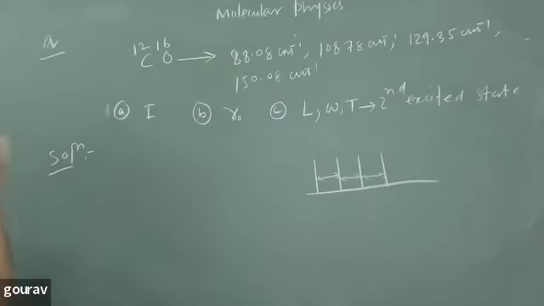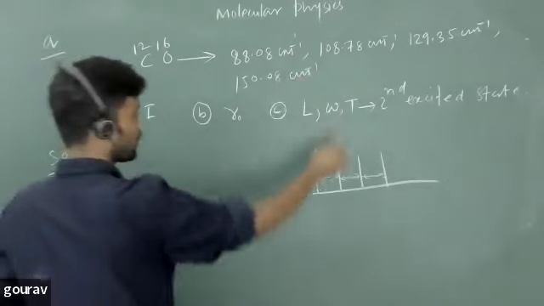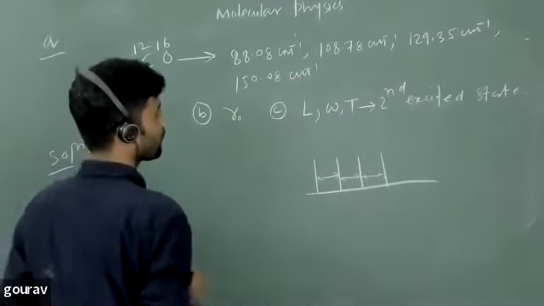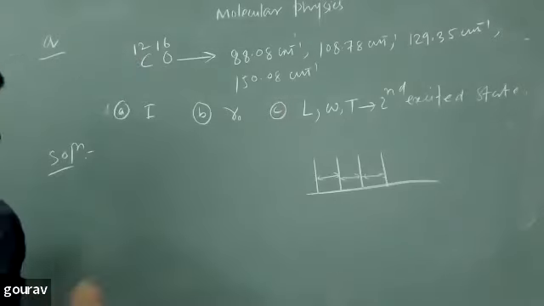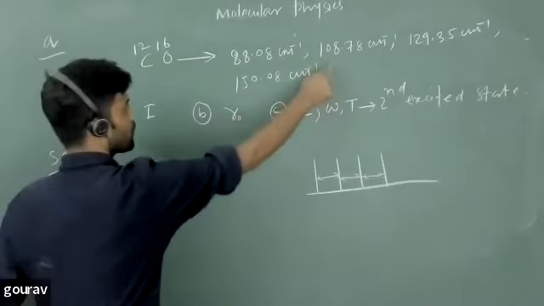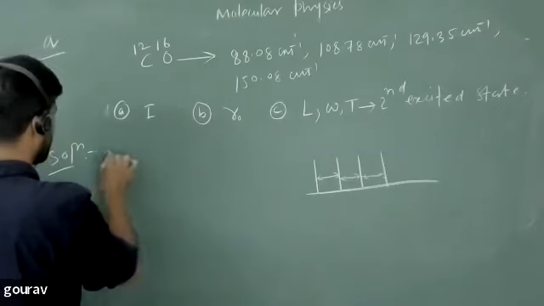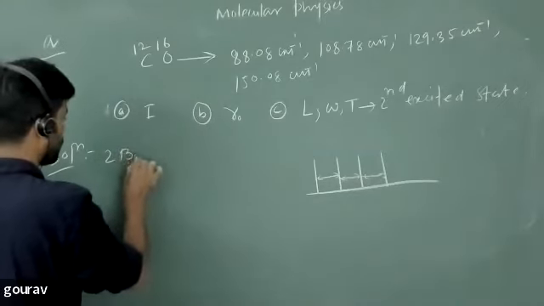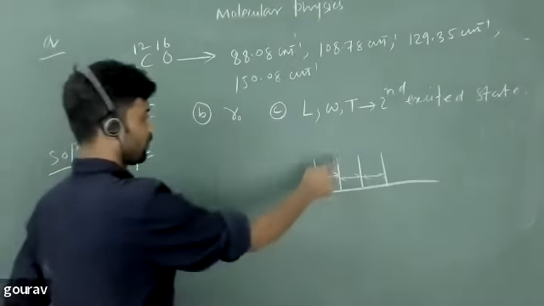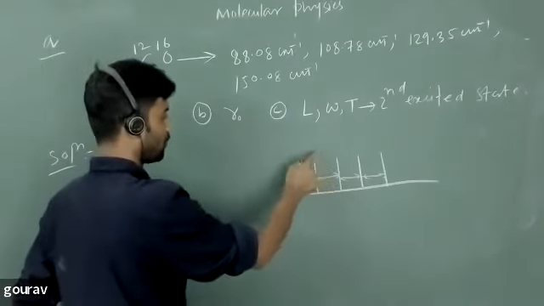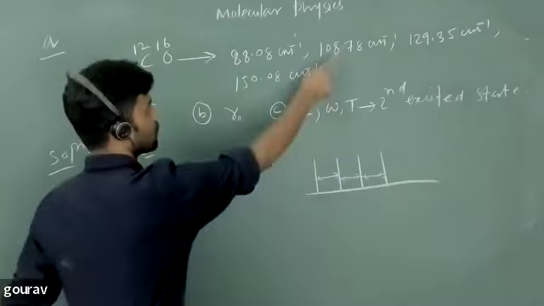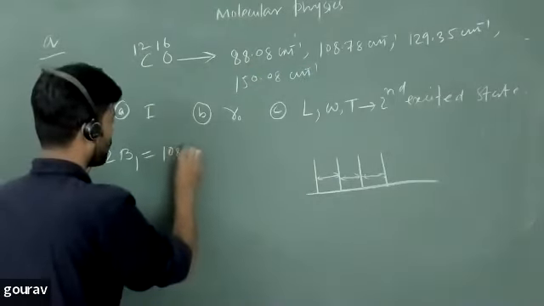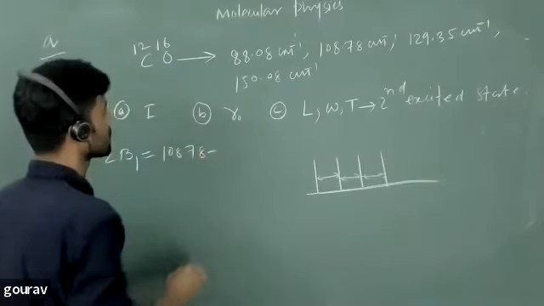Let me proceed. So if you separate these 2 lines, that will provide you 2B, right? Let me check whether all are the same or not. For the first separation, let me denote it by 2B1. So if you separate it, how much will you get? 108.78 minus 88.08.